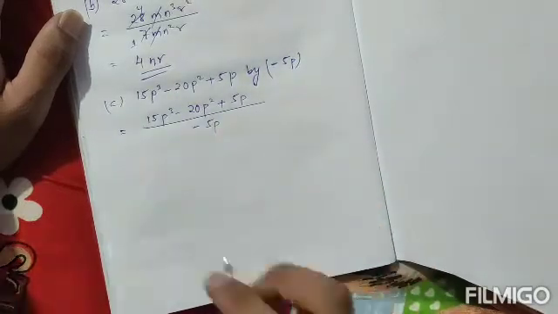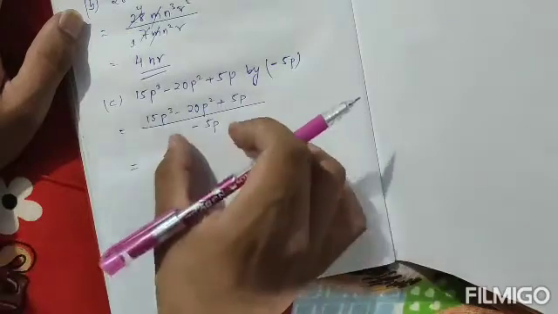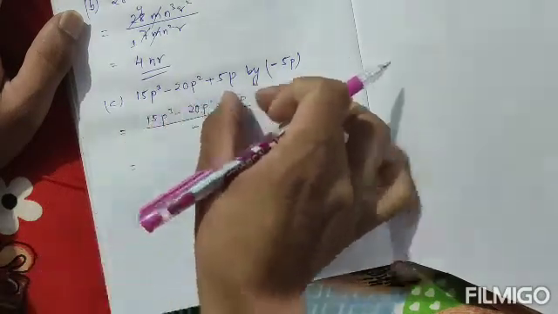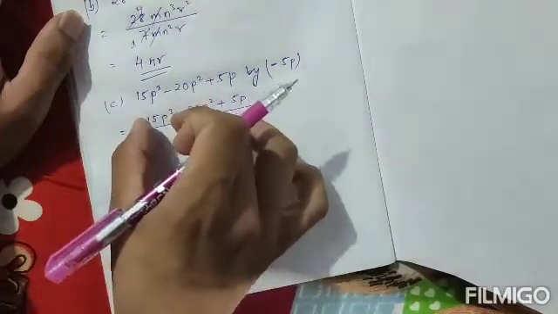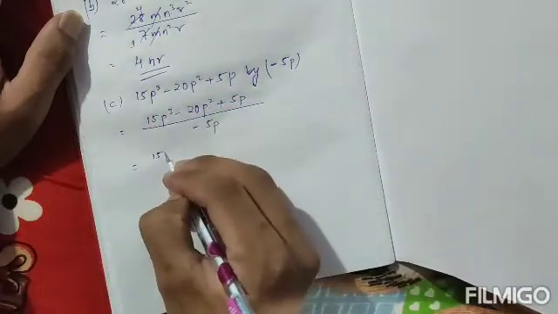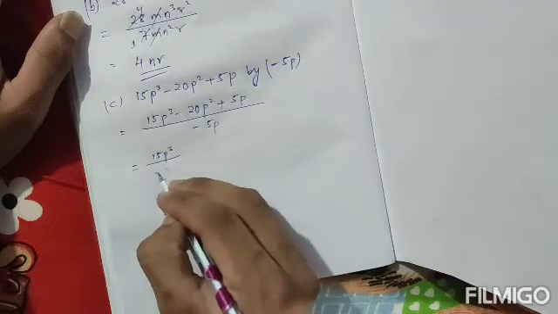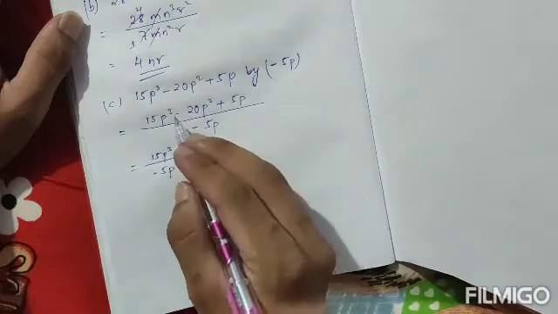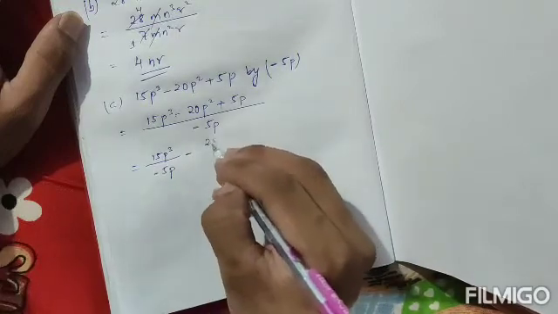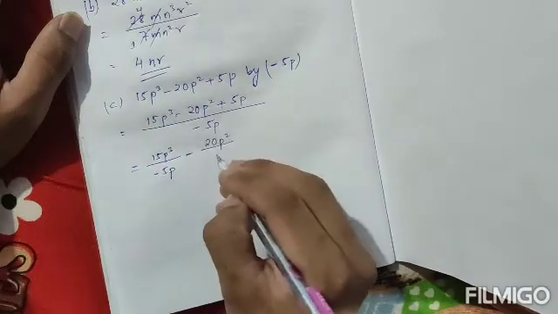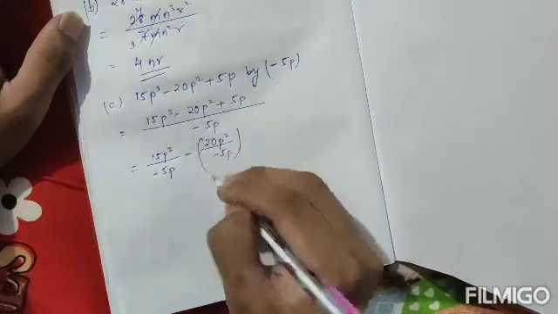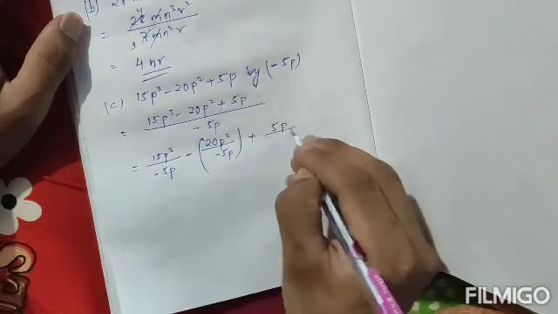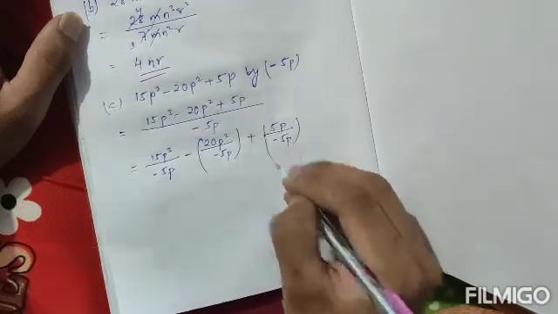In this case, if there is a monomial in the denominator, you can give it to each and every term. You have to divide each and every term by minus 5p: 15p cube by minus 5p, then minus 20p square by minus 5p, and again plus 5p by minus 5p.